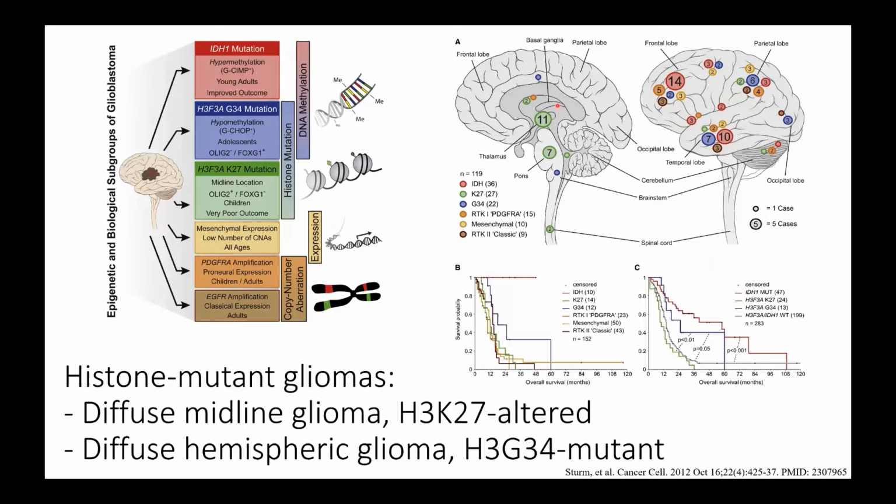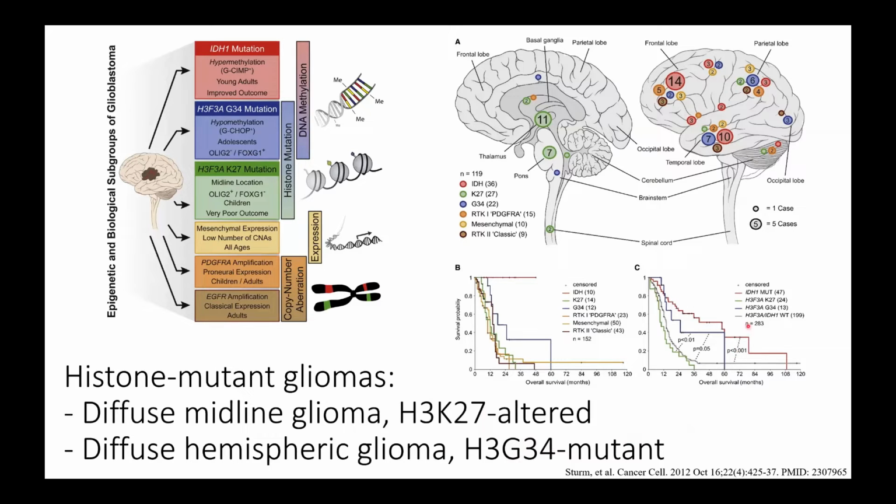Some tumors occur remarkably specifically within midline structures, such as spinal cord, brainstem, cerebellum, deep nuclei, etc. And those frequently have histone 3 lysine 27 mutations or other genomic events that modify the methylation of this residue. And then other tumors are more hemispheric in location and have a different codon mutant, in this case, a G34 mutation, which occurs, as I mentioned, with those hemispheric gliomas.